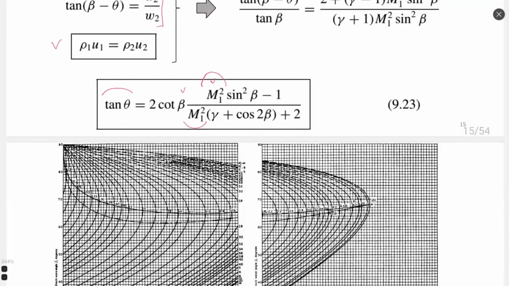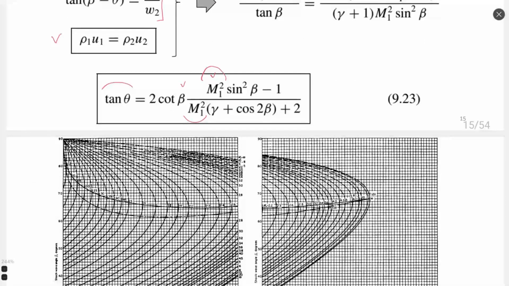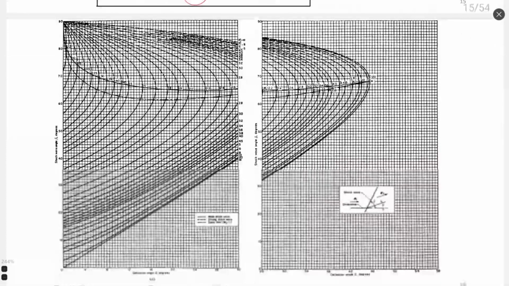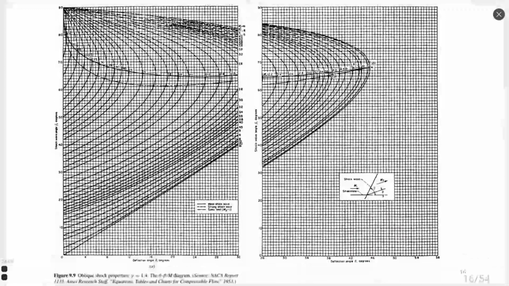In a practical way, this is called the theta-beta-M relation, equation 9.23, and in class it can be solved graphically.